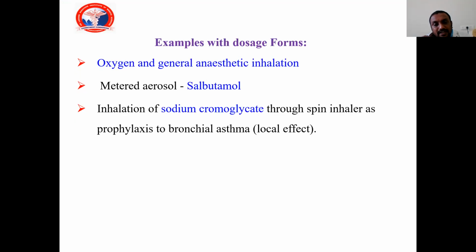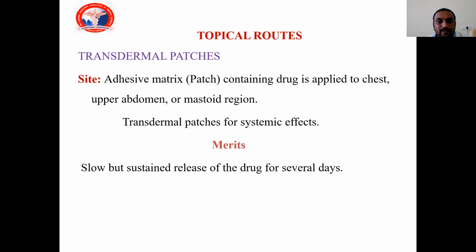Examples of the inhalation route: oxygen and certain general anesthetics are given by inhalation. Certain drugs like salbutamol, a beta 2 agonist in the treatment of bronchial asthma, are given in a metered dose inhaler, and sodium cromoglycate through a spinhaler is also used in prophylaxis of bronchial asthma.